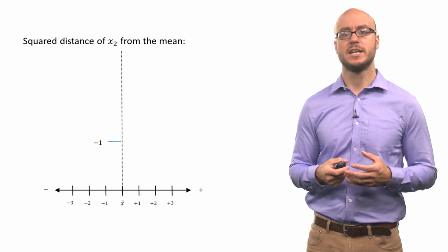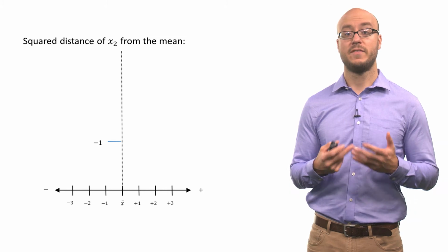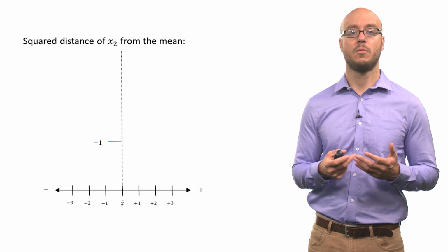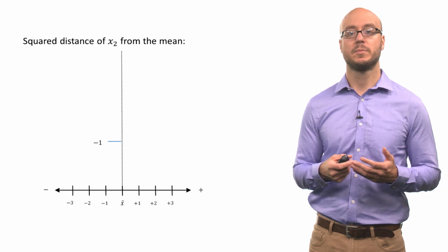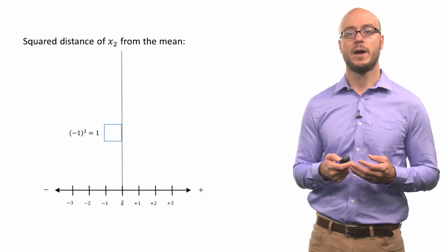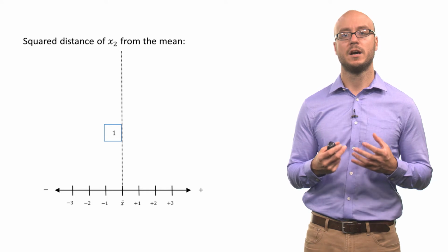Let's take our next deviation. It's -1. That next observation is a value of 2, which is 1 below the sample mean. If we square it, we take -1 to the second power, which is -1 times -1, and so that box has an area of 1.